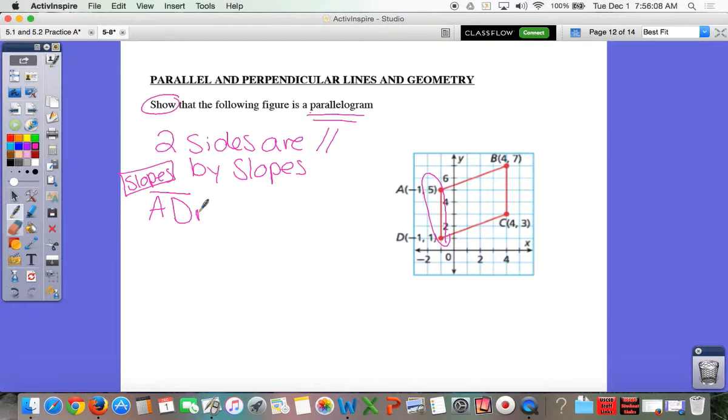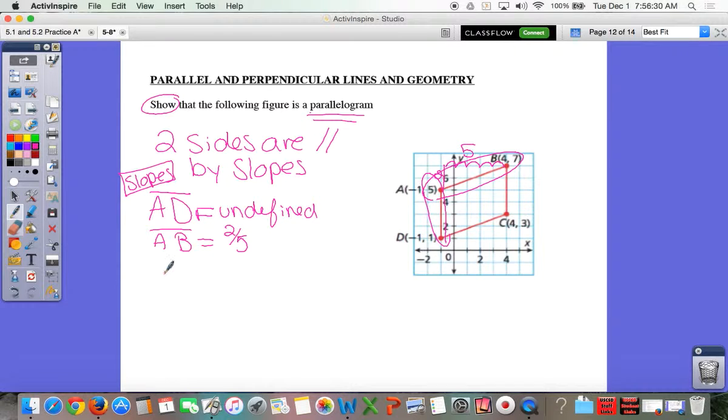AD equals undefined. Let's just go around the block. AB, let's count it. Up 1, 2, to the right 1, 2, 3, 4, 5. So 2 and 5. So AB equaled positive 2/5.